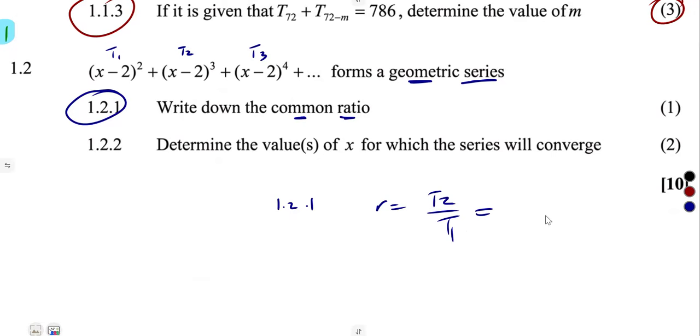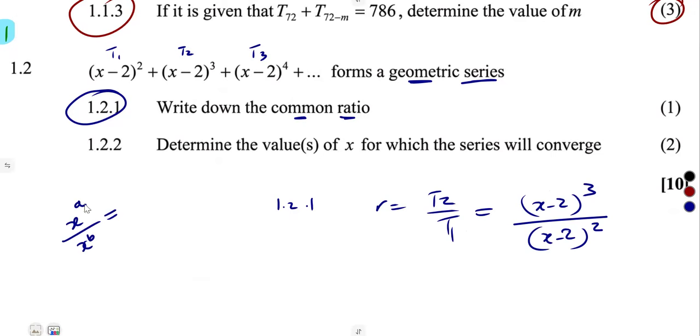We have got T2, so let us just substitute (x minus 2) to the exponent of 3 over our T1, which is (x minus 2) to the exponent of 2. Remember, these are the same bases. So as we deal with the same base on a division, we subtract the exponents. Remember the concept.